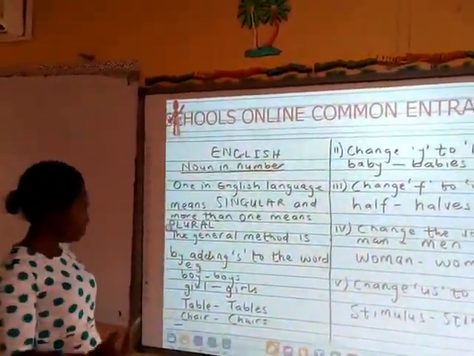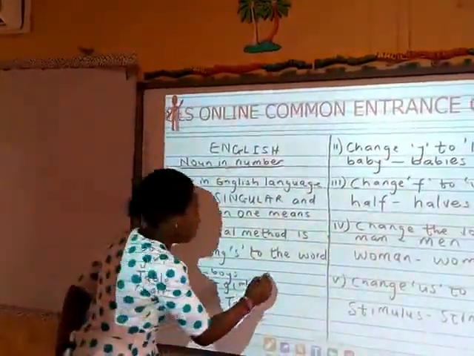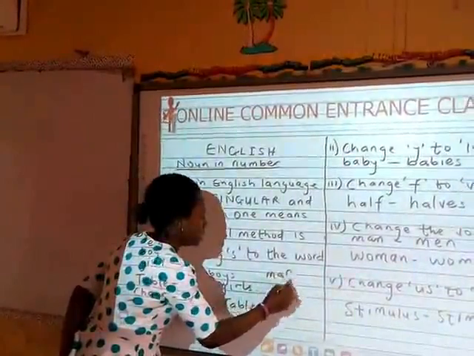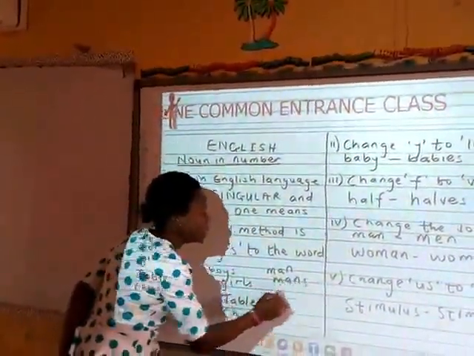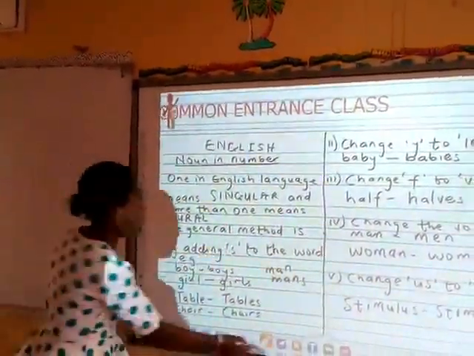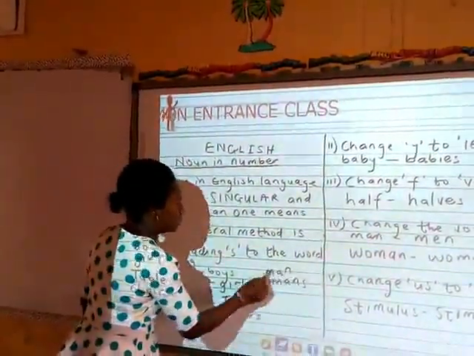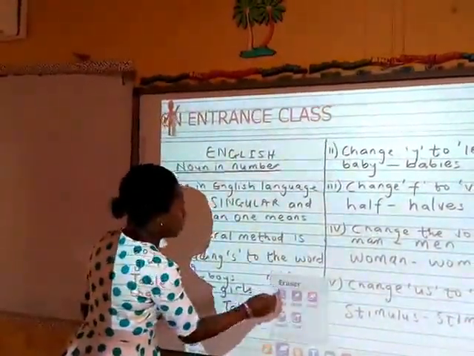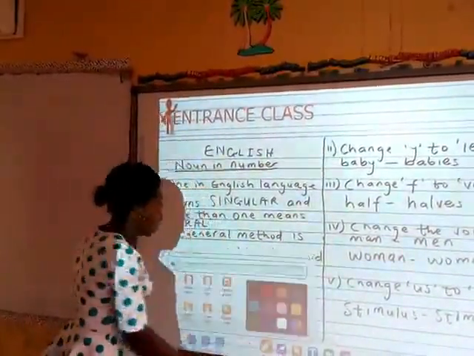For example, if I have words like man, to form the plural of man, if you are saying you should add s, is it mans? No. So we are going to learn those methods that we can use to form our plural in English language, one after the other.